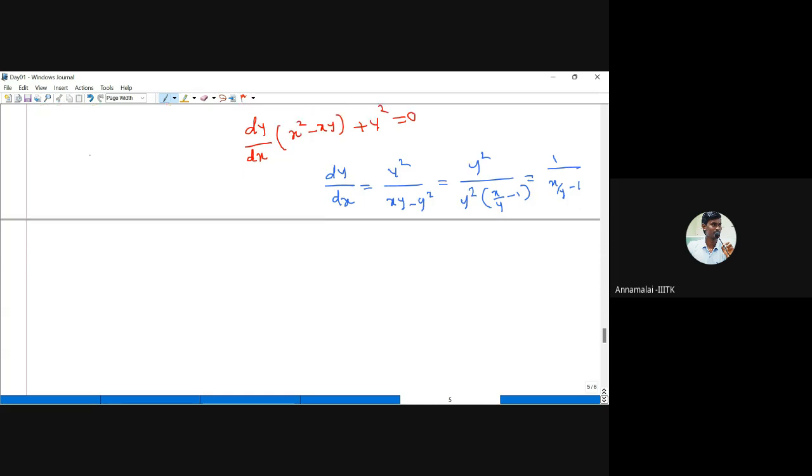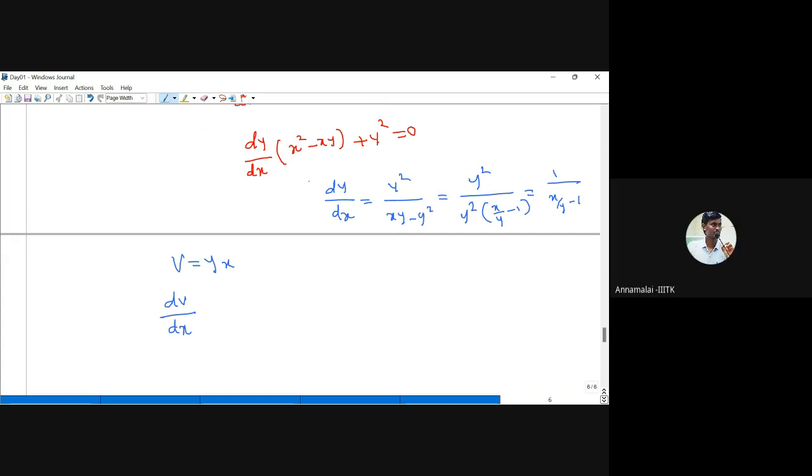Now, what is the method? You have to substitute v equal to y by x. Sorry, it should be x square, not y square, in the denominator.